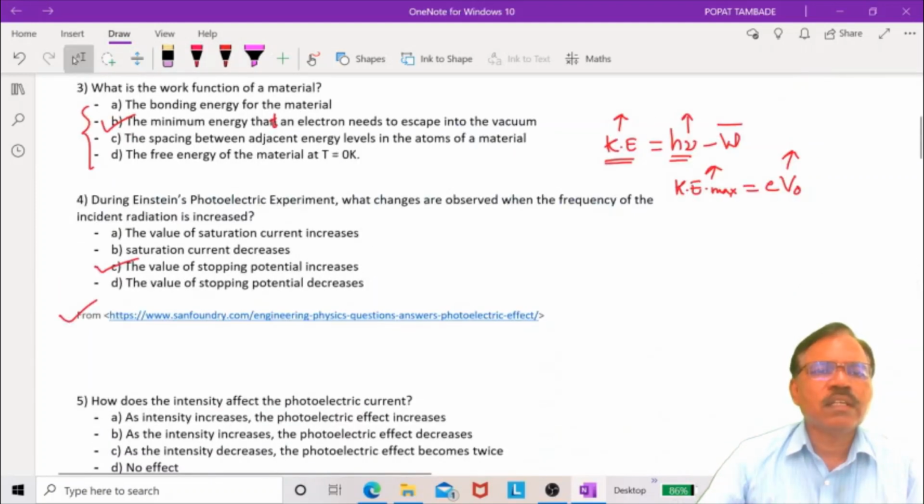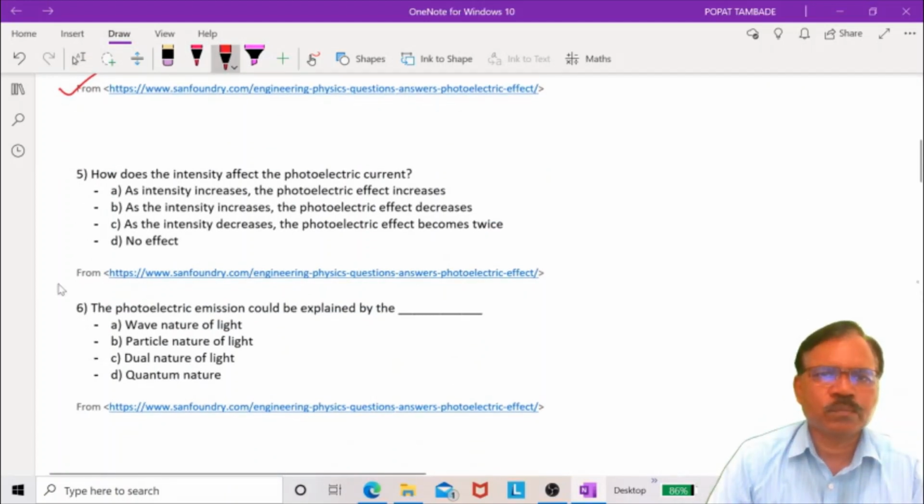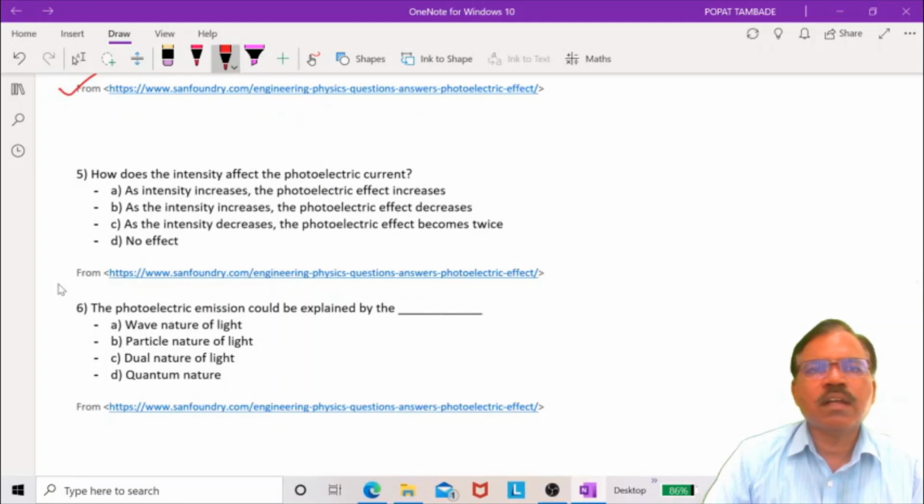Next one, how does the intensity affect the photocurrent? Now photocurrent depends on intensity. Intensity is nothing but the amount of light incident on the material per unit area per unit time. So if intensity is more, more electrons are emitted and we get more photocurrent.